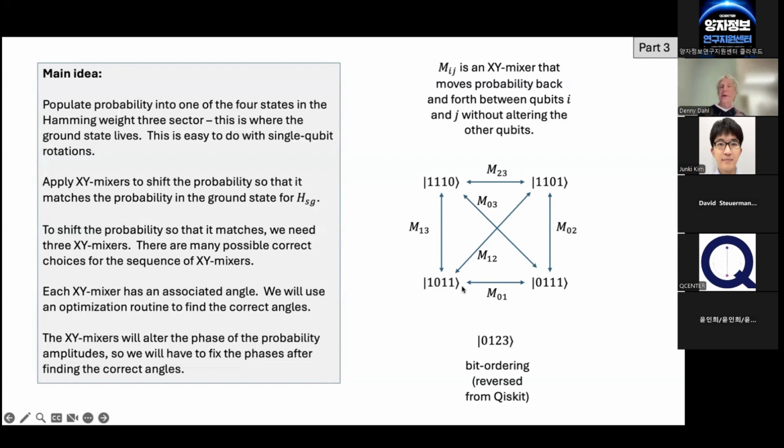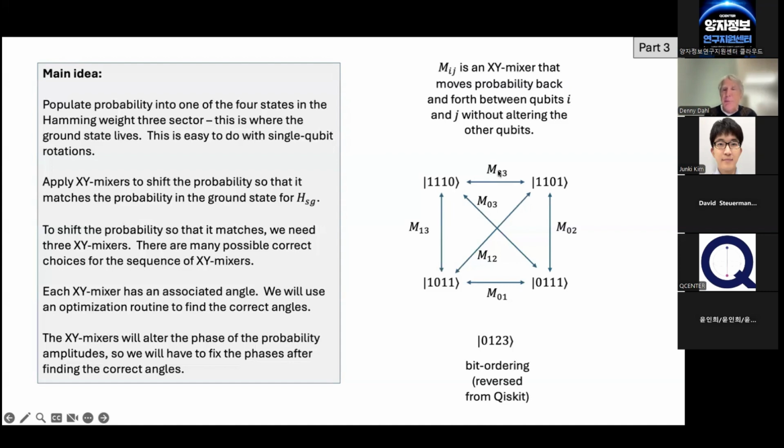So the idea now that we're going to pursue is let's start our system in one of these 4 states. It doesn't really matter which one. We'll pick one. And then when we start the system there, we can use these so-called mixer operators, these M_IJs. And what these mixer operators do is shift probability back and forth between a pair of qubits.